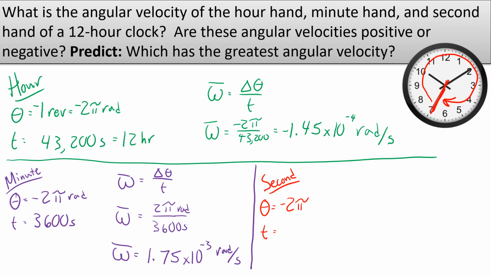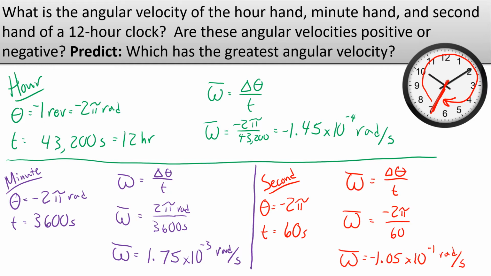Hopefully you say 1 minute, which if we do the conversion, gives us 60 seconds. So again, we have an angular displacement, we have a time, we'll use the formula. And as predicted, that is the largest value for the magnitude of the angular velocity.